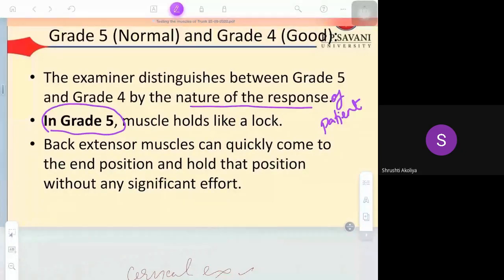He will achieve the position very quickly and come to the end position and hold the position without any effort. मतलब बहुत आसान से ऊपर करेगा वो and hold करके रखेगा position को. He will hold the position very easily without any significant effort. Then you will call the grade 5.